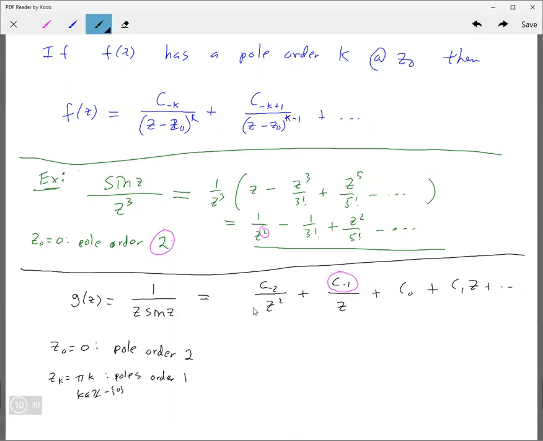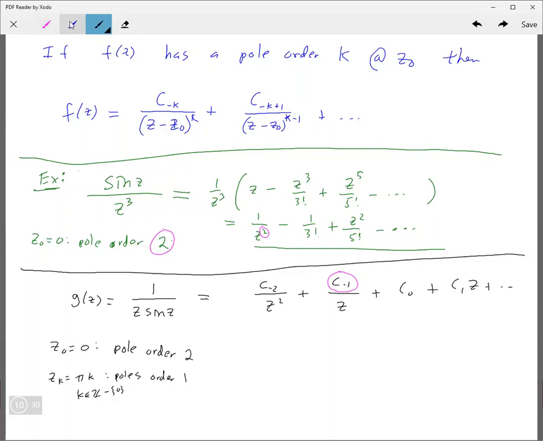How would you find what that is? Isn't it 0? No, it can't be 0, because it's a pole of order 2. So a pole of order 2 means this can't be 0.